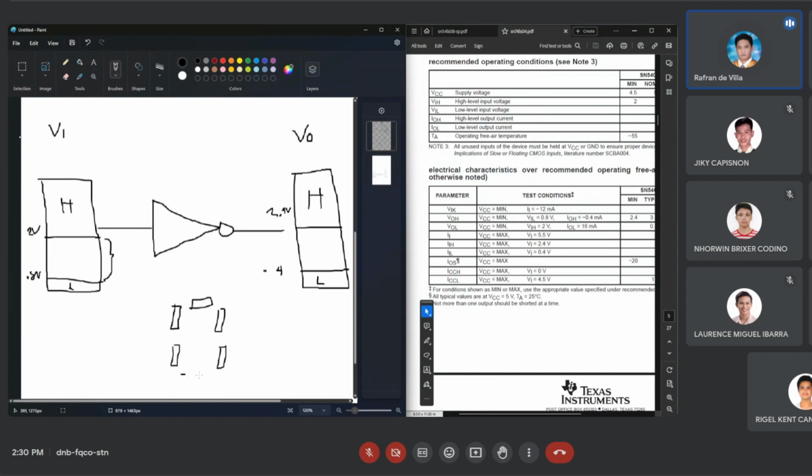Okay? So naay 7 kabuok LEDs which is controlled by your IC para maka-display og numero. Okay? So, if you're gonna be designing the circuit for that, it will really take a lot of IC sa iyang implementation.